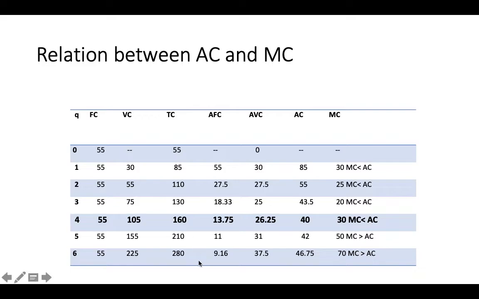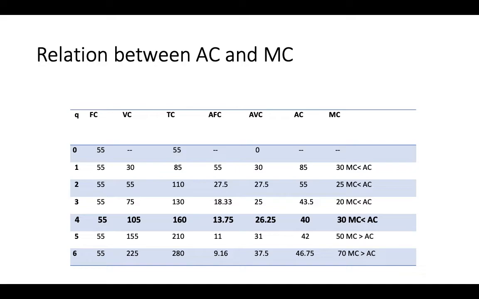At the fourth level, again marginal cost is less than average cost. Marginal cost is 30, average cost is 40. But when it moves to the fifth level of output, the marginal cost is 50 and average cost is 42, which means that the cost of the additional unit is greater than the average cost. So this fifth one is not a desirable point for the producer, because here the profit margin is reducing or maybe indicating loss.